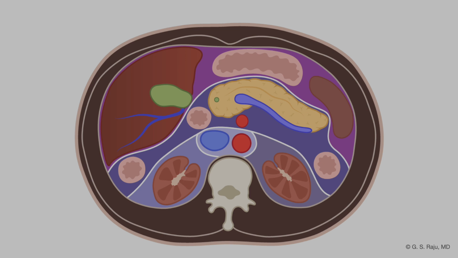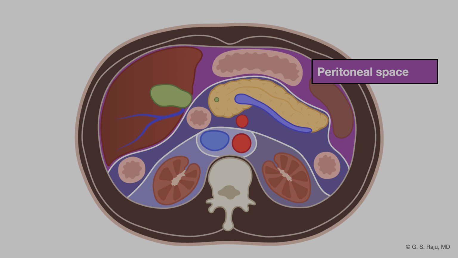If you are looking at a patient with pancreatitis, you should identify the structures, the spaces. We know that the pancreas is a retroperitoneal organ, and I want to show you the different compartments. That's the peritoneal compartment or the peritoneal space.